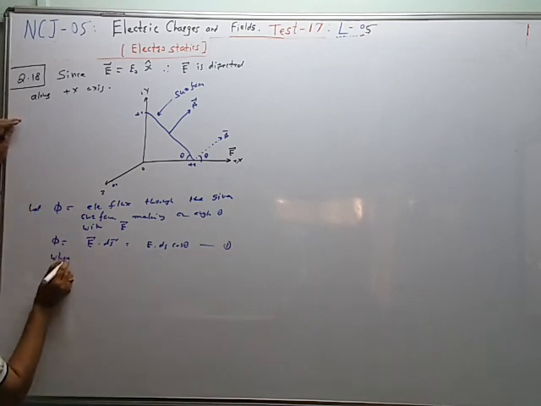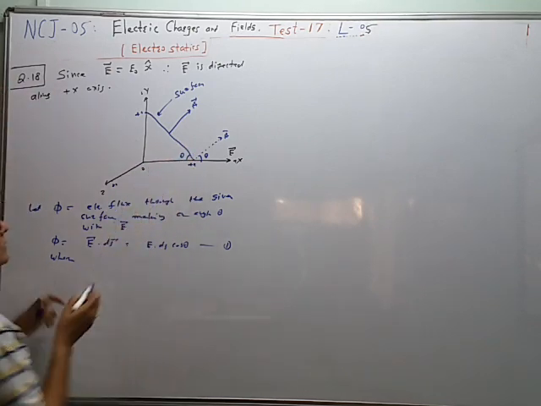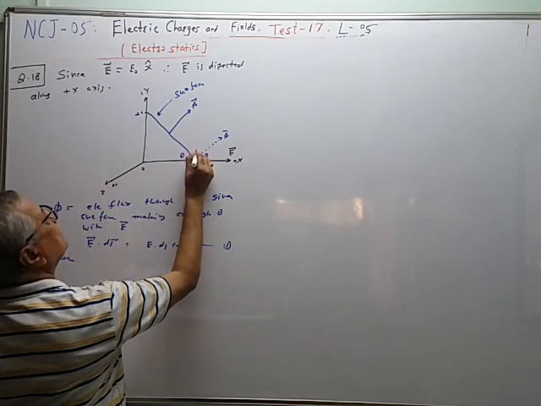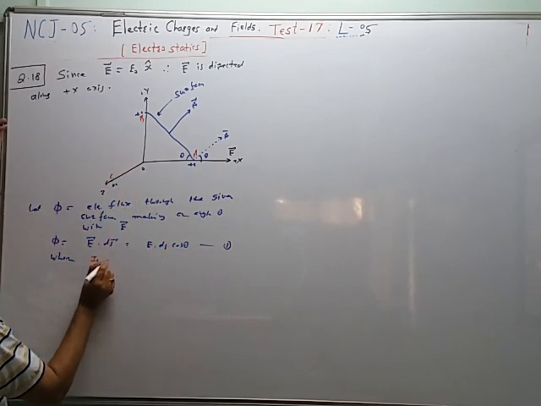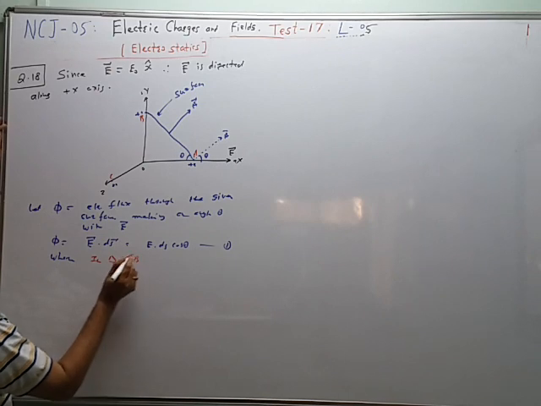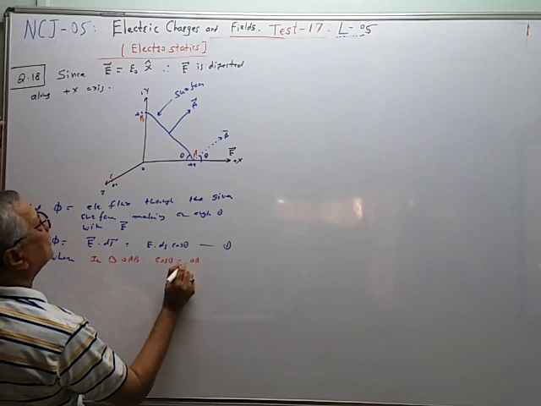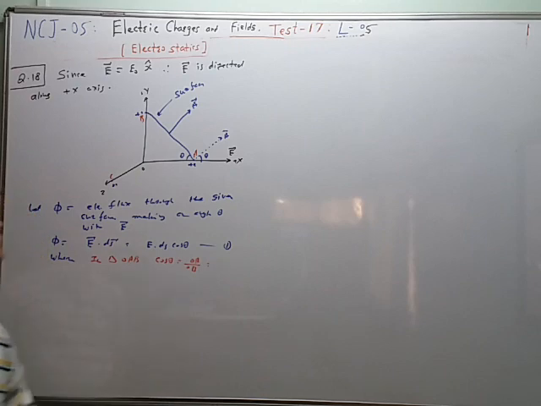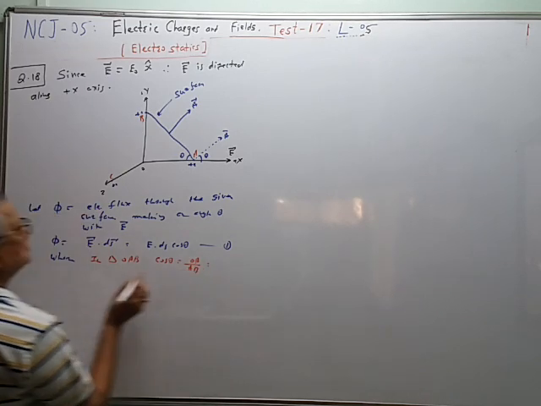Now in this triangle, say this point is O, origin, A and B. In triangle OAB, cos of theta is equal to OA upon AB.